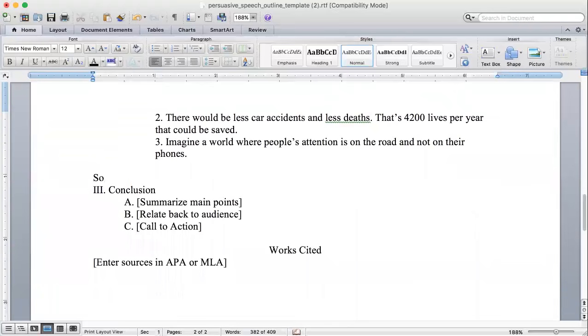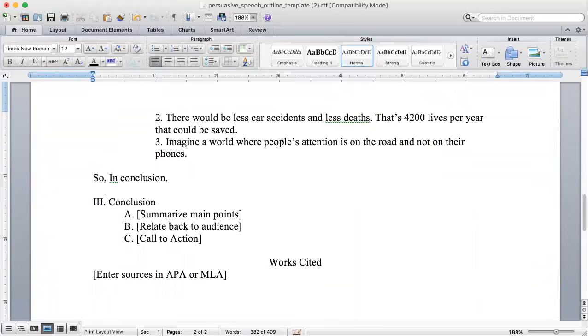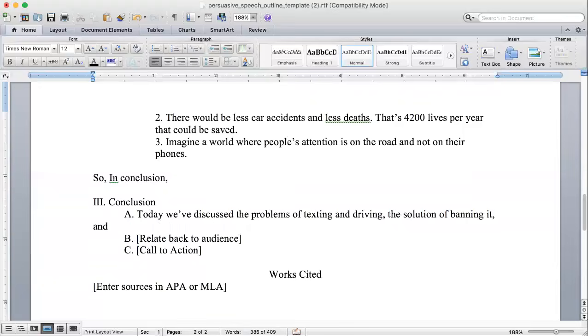So we can say, so in conclusion, and then in the conclusion, the first thing we do is summarize the main points. So today we've discussed the problems of texting and driving, the solution of banning it, and the benefits.